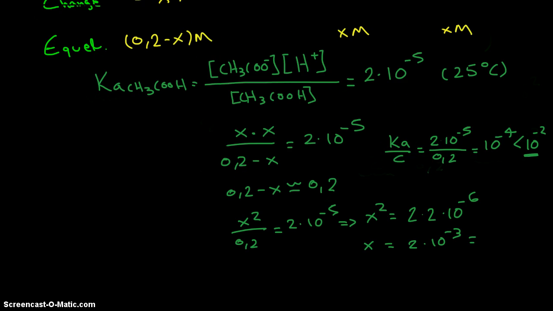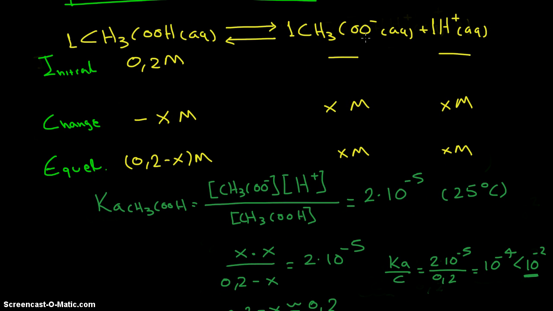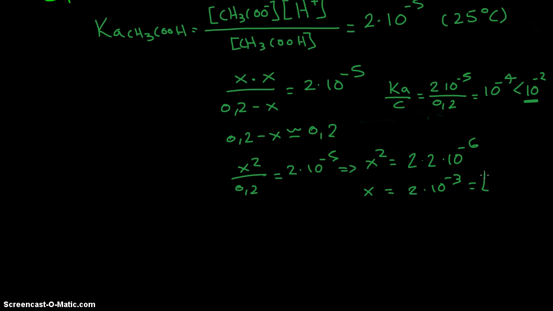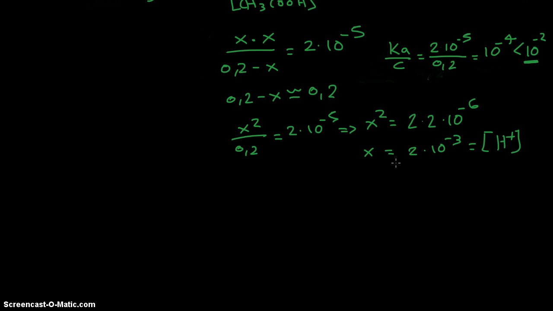This is the concentration of either the acetate ion or our proton ion or hydrogen proton. So what we want to calculate for the pH is the concentration of the hydrogen proton. So this is our concentration. In order to calculate the pH, we need the minus log, which has a base of 10, of that concentration, which we already know is 2 times 10 to the minus 3.